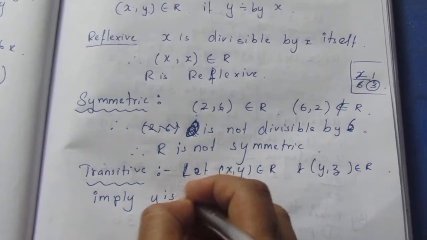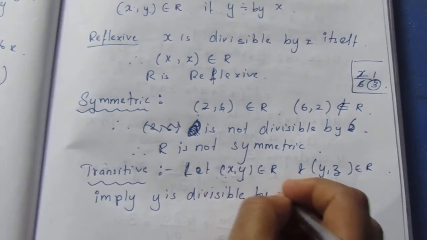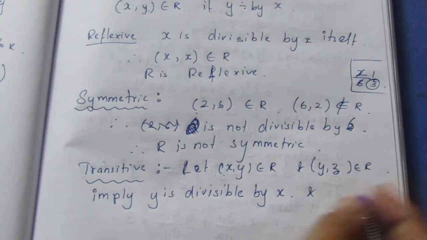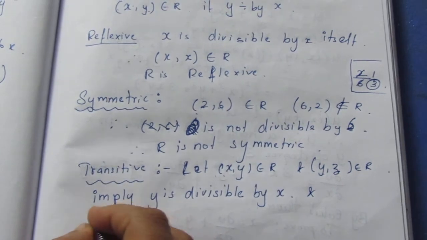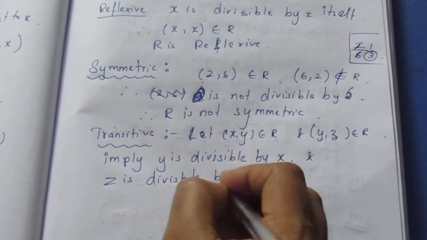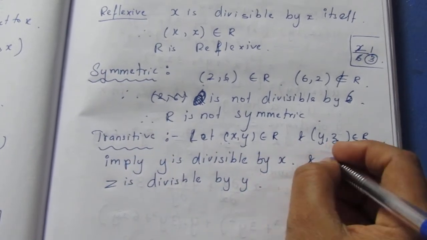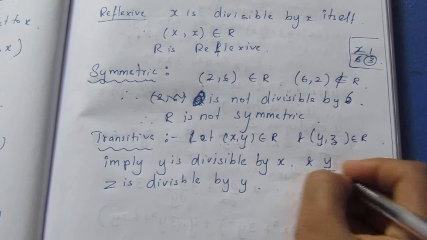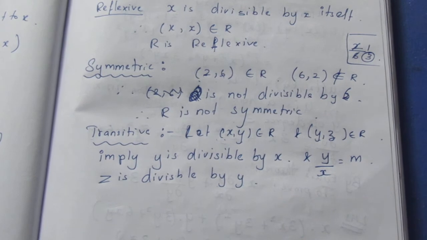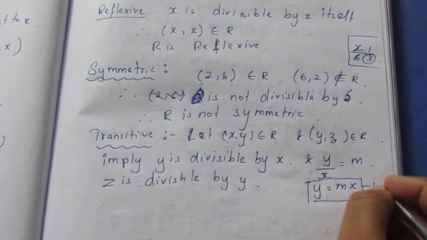This is the condition they have given. y is divisible by x, and we can also say that z is divisible by y. So with the first condition we know that y is divisible by x, which is equal to, I am writing one value m. Let me take that divisible value is m. Then we can say that y is equal to mx. Let it be the first equation.